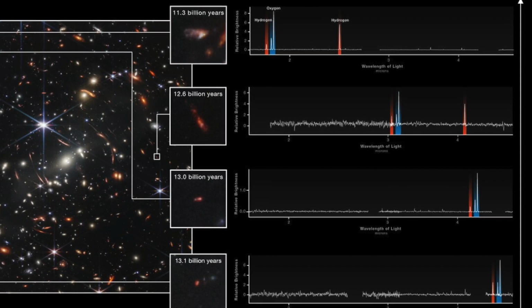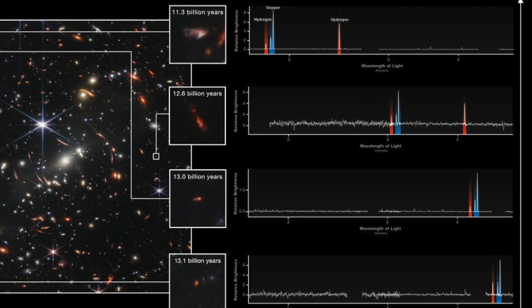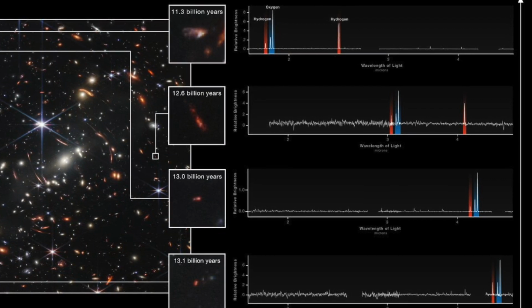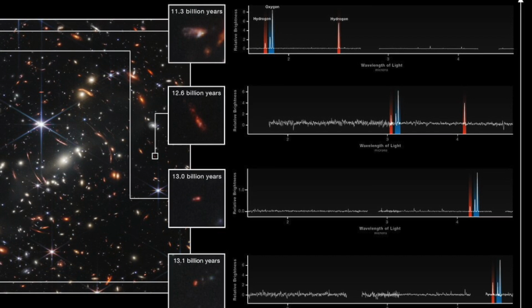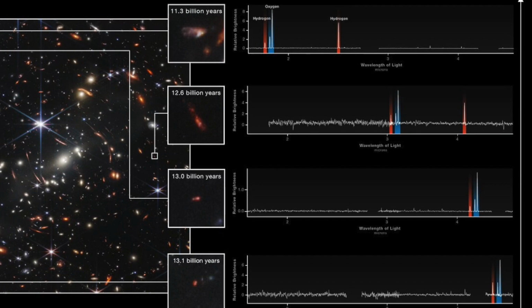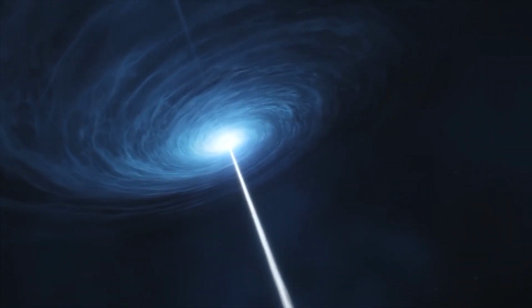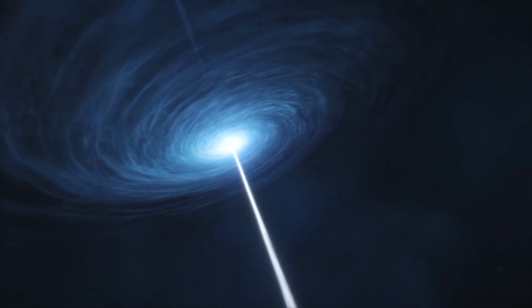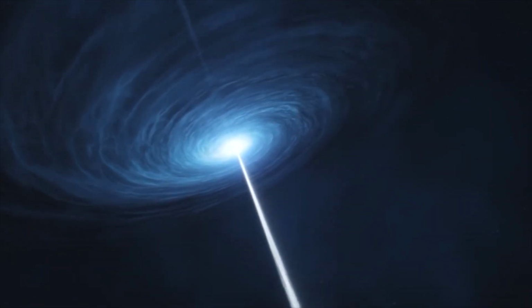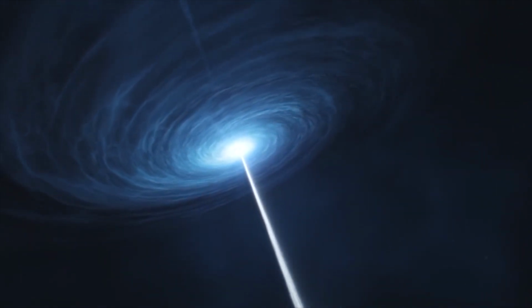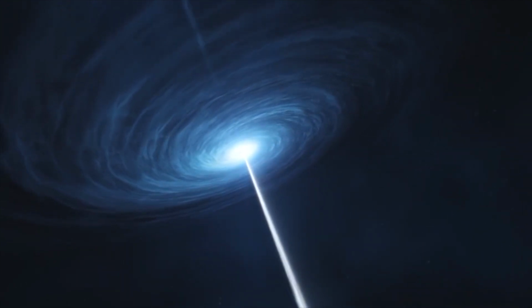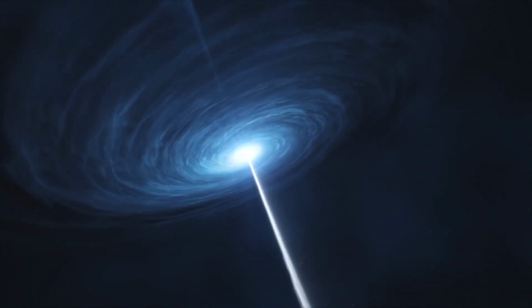And then the next big thing that we're all doing as a team is morphologically classifying all of the galaxies. So looking at the images, deciding if it's a merger, deciding if it's not a merger, deciding if it has a disk. That takes a bit of time, and everyone gets to look at the images and offer their opinion. And then we can say something about when galaxies develop their disks.